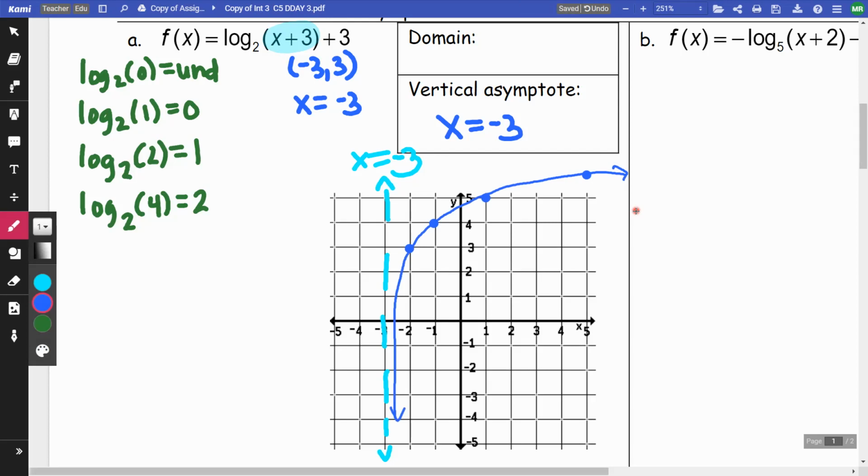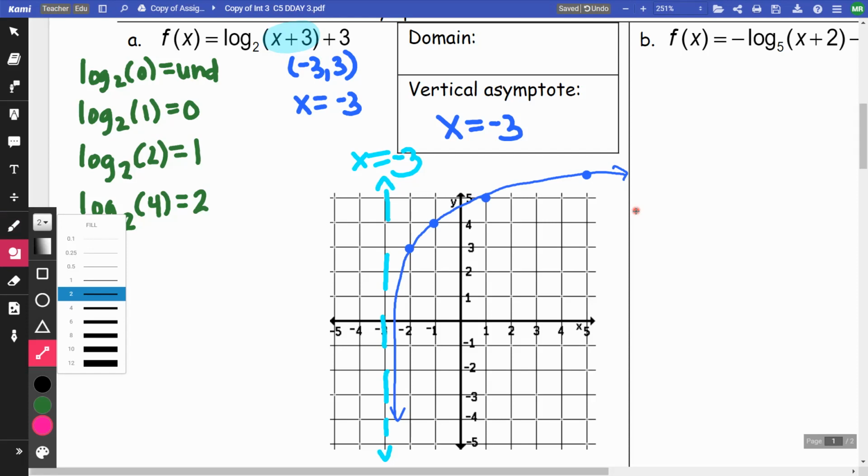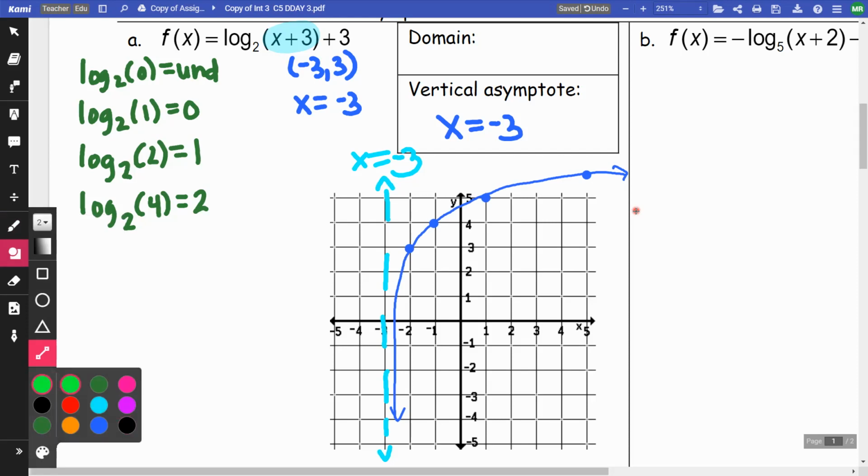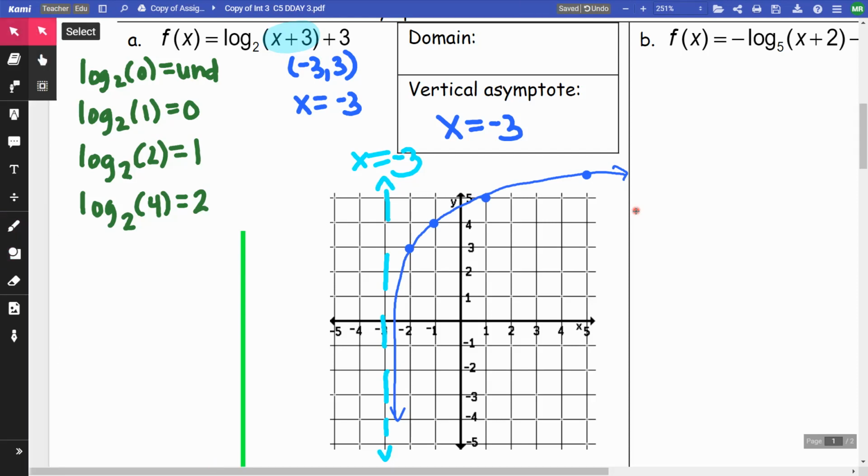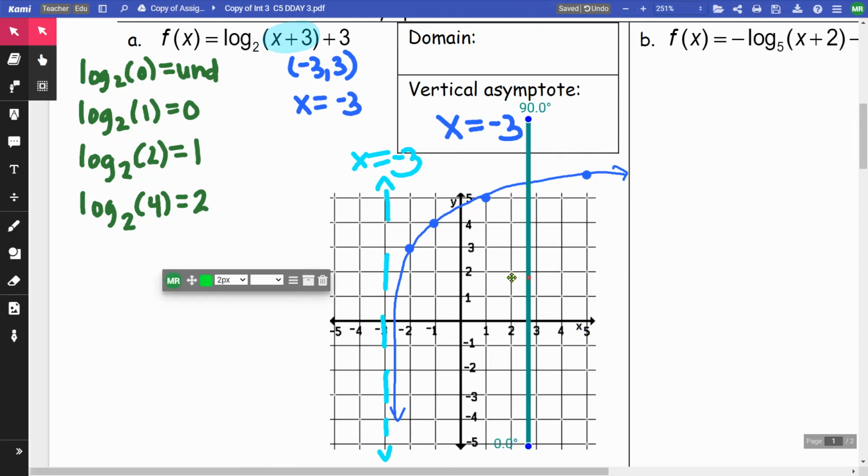Now, if you're looking at the domain, those are x's. And so I'm just going to do a vertical line here. And I'm just going to be moving it across this to talk about the domain. So domain is going across left to right.